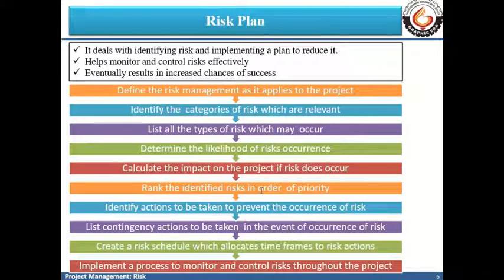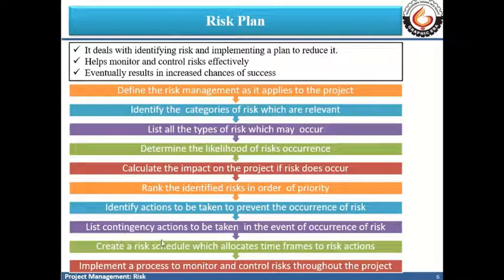So you assign priorities to the different types of risks involved, and then based on the identification and prioritization of risk, you identify what actions you will be taking to prevent the occurrence of such risks. There also needs to be a plan for if, despite trying to prevent the risk, the risks or the challenges posed by them do occur, then how you will tackle them.